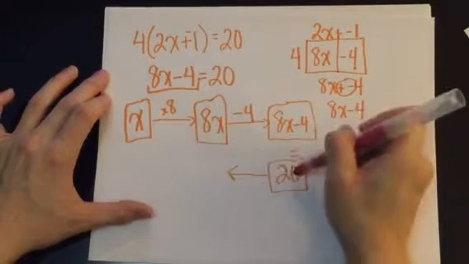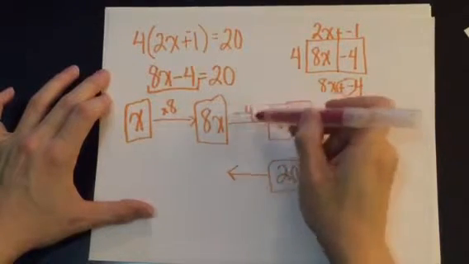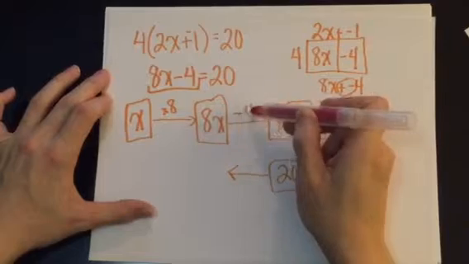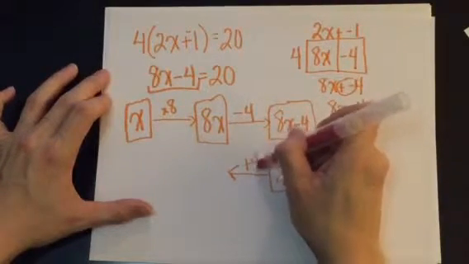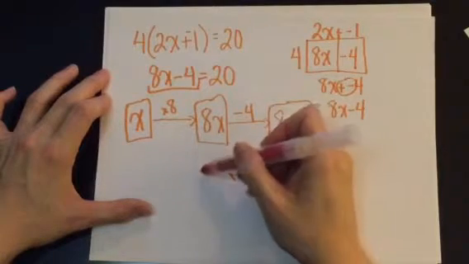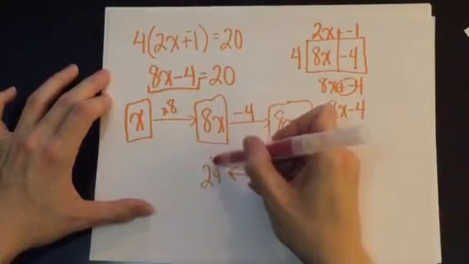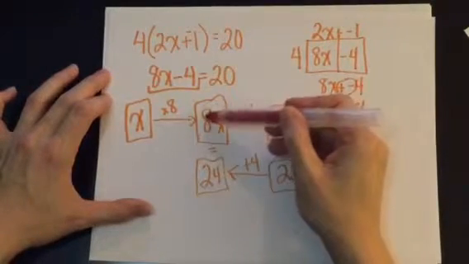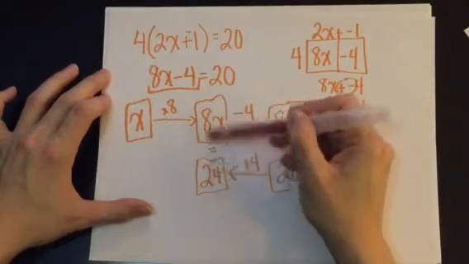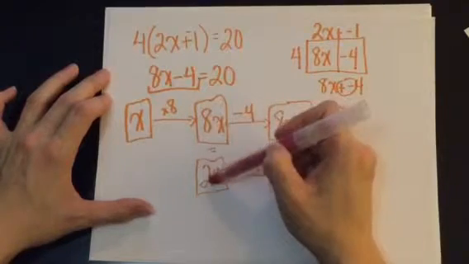Working backwards, 20. I am going to undo, or do the inverse or the opposite of subtract 4, by adding 4. 20 plus 4 is 24. And I can see right here that I have 8x equals 24. So 8 times a number equals 24.